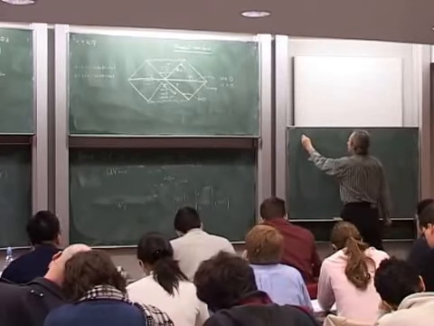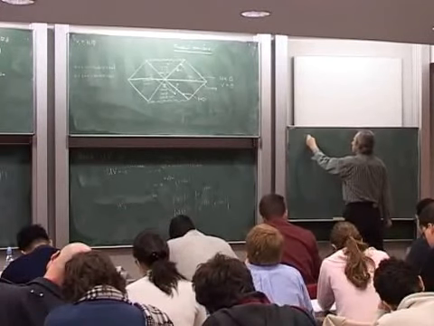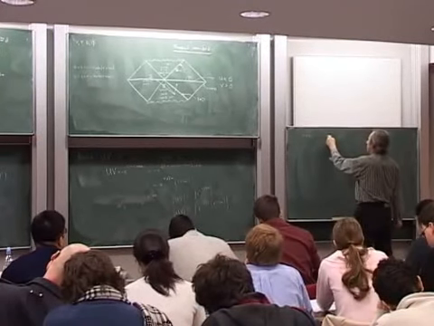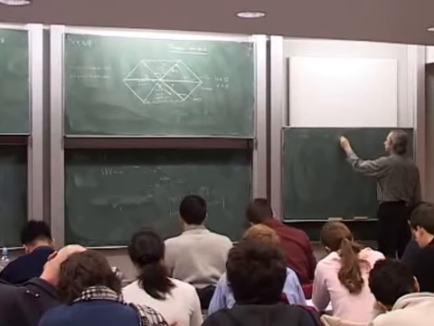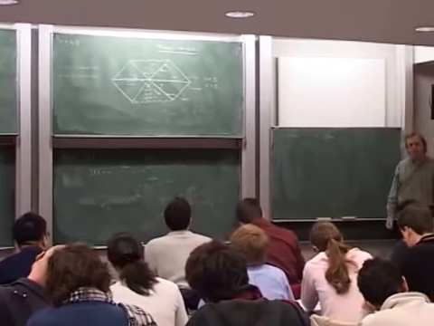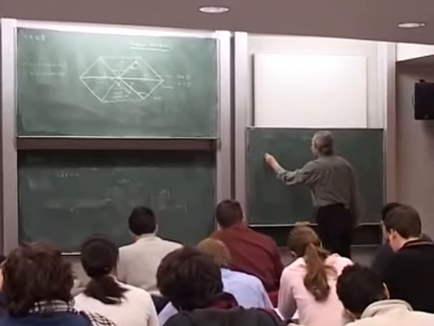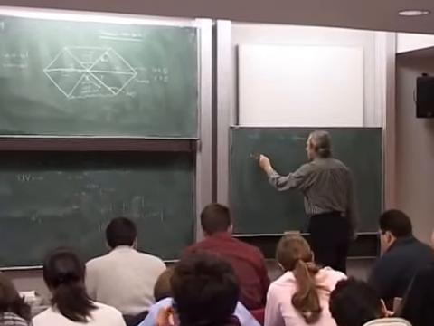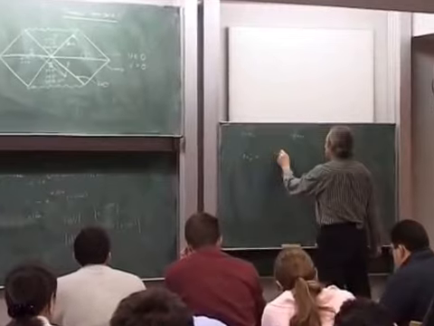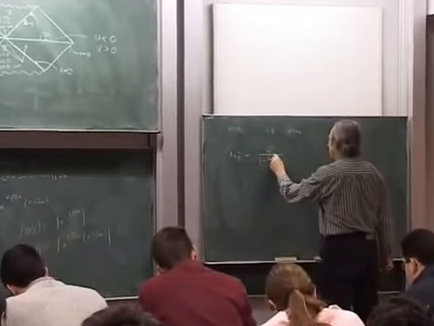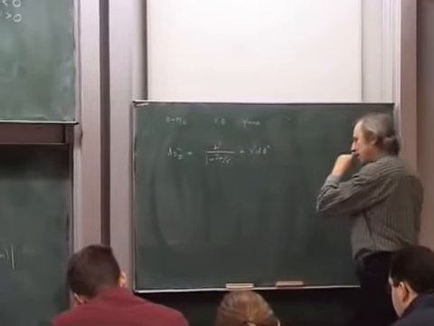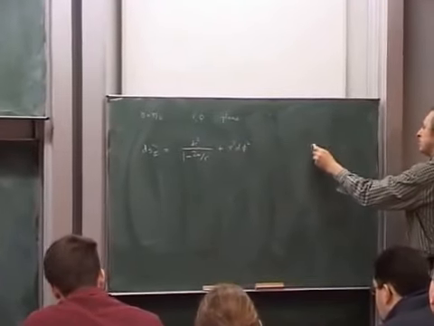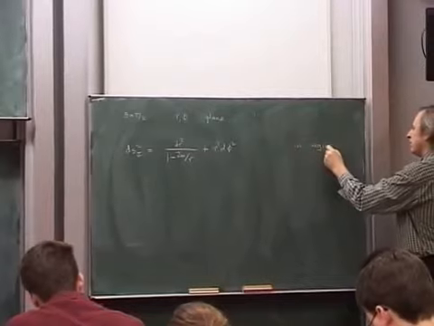So I'm going to fix that, and I'm going to fix theta to be equal to pi by 2. So I'm just going to look at the r phi plane. The metric in the r phi plane, ds squared, is equal to dr squared over 1 minus 2m over r plus r squared d phi squared in region 1.